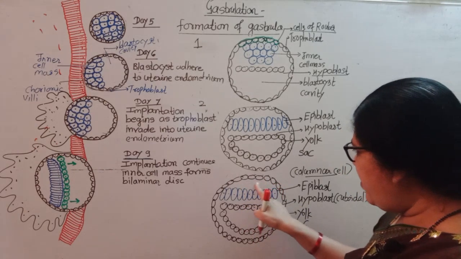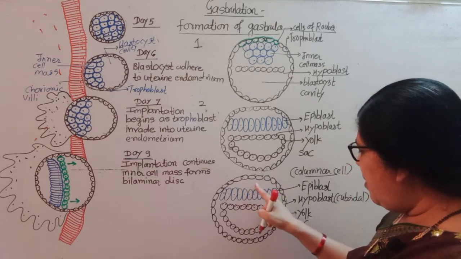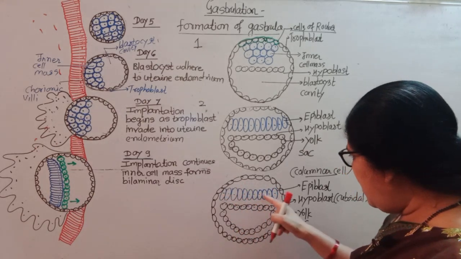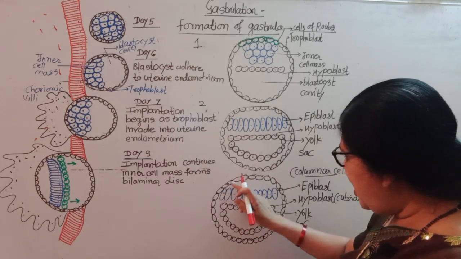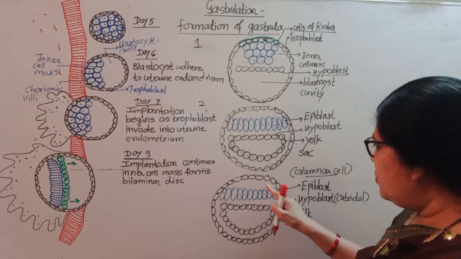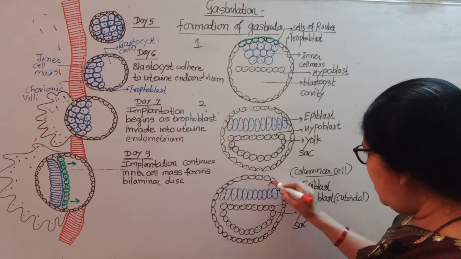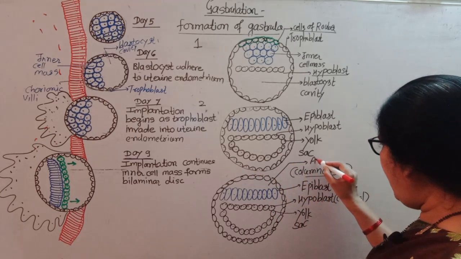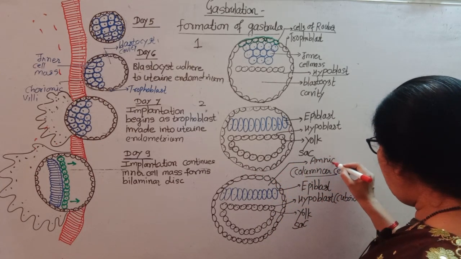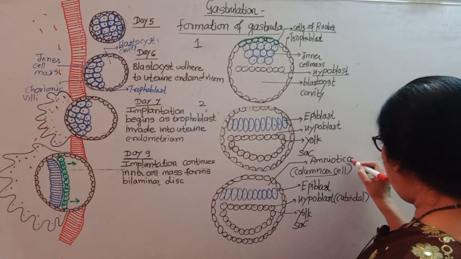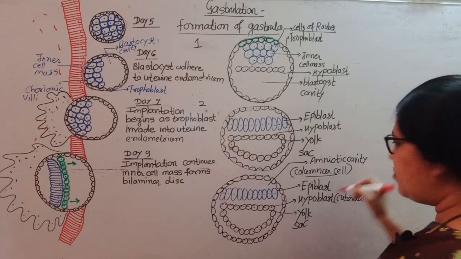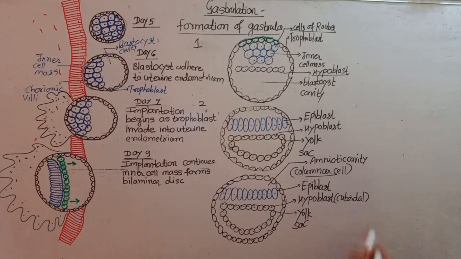This is the cavity formed between the epiblast and trophoblast cells, and this cavity is called the amniotic cavity.